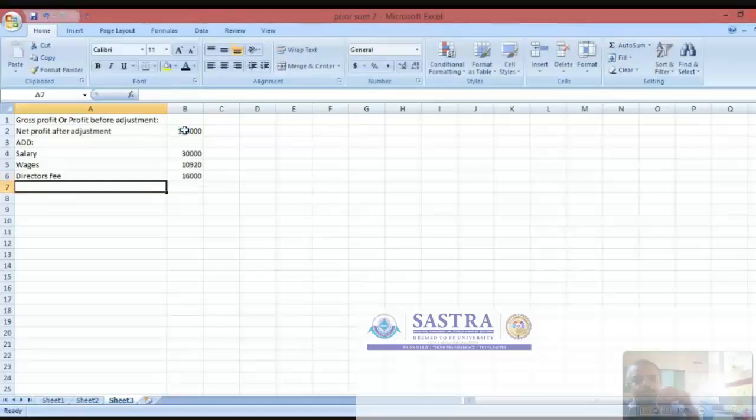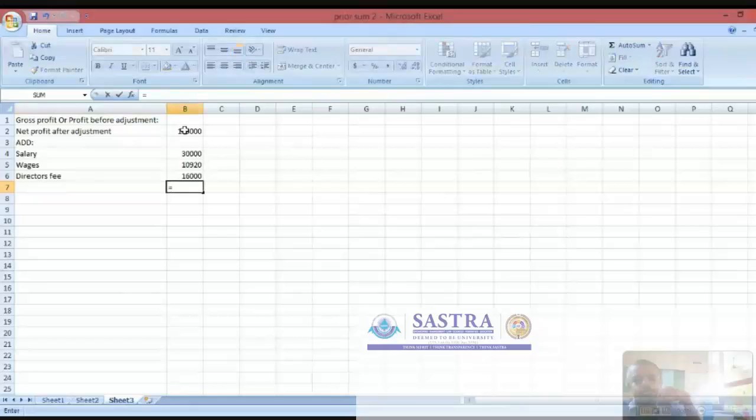With this information we can find out the unadjusted profit. The sum of the total is going to be the unadjusted profit.